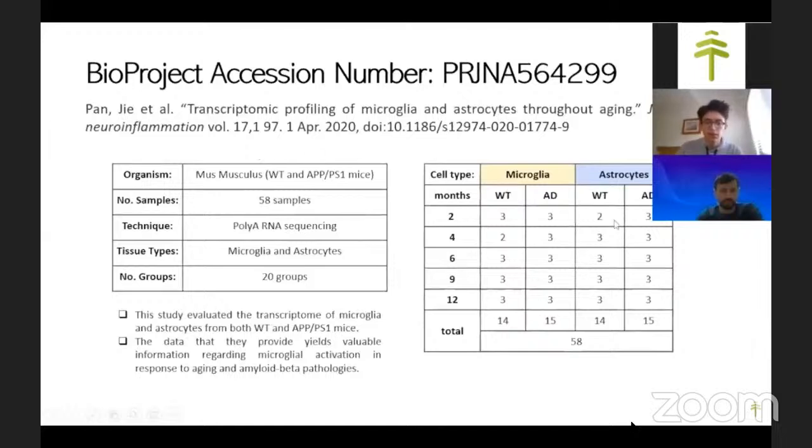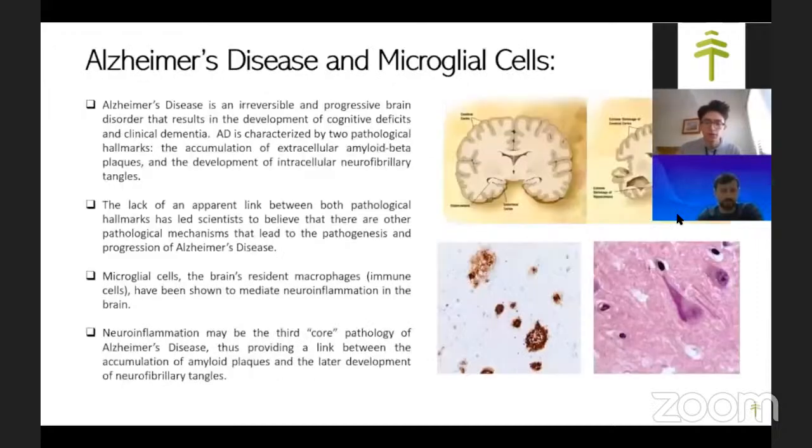So in here they used wild type and APPPS1 mice. APPPS1 mice show an elevated development of amyloid beta plaques because they overproduce the amyloid beta peptide. So they show a higher development of these plaques in here.